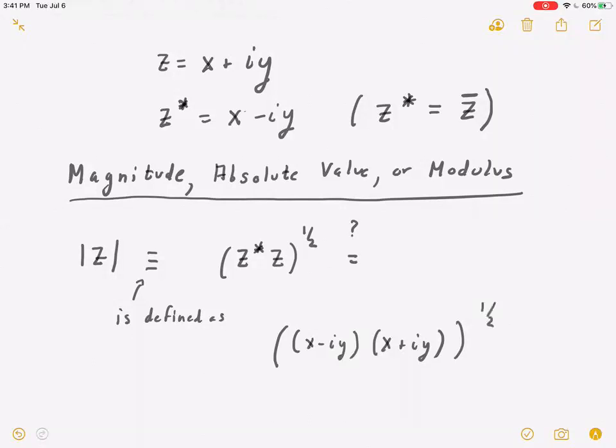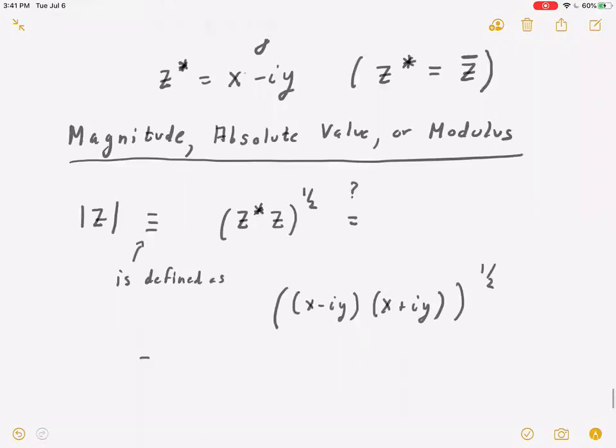And I want to take the square root of that object. I already know how to multiply complex numbers. So I get x squared minus iyx plus ixy. And my last term becomes y squared times i times minus i.